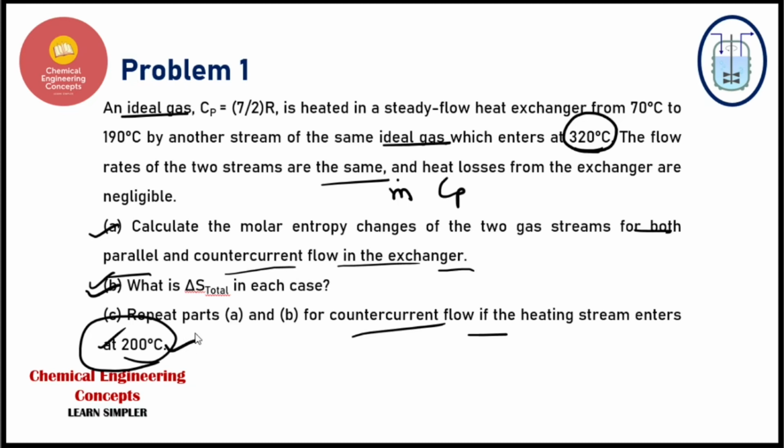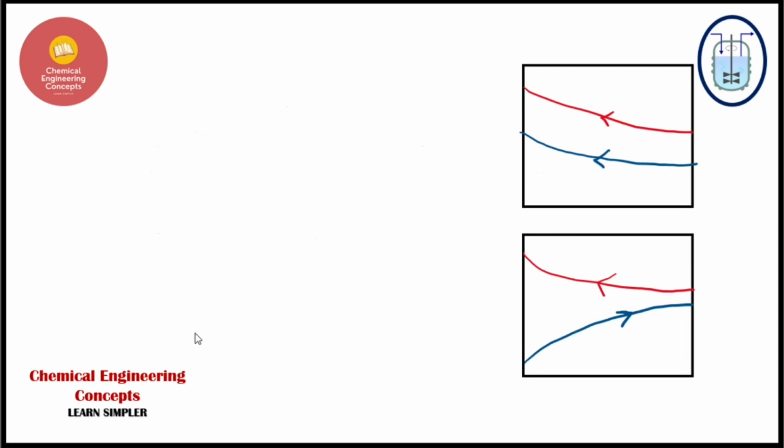So you can pause the video, try to do it on your own, and then see this solution which is coming up your way. So this is the solution. We have two streams, and we have to check it for the parallel flow and the counter current flow.